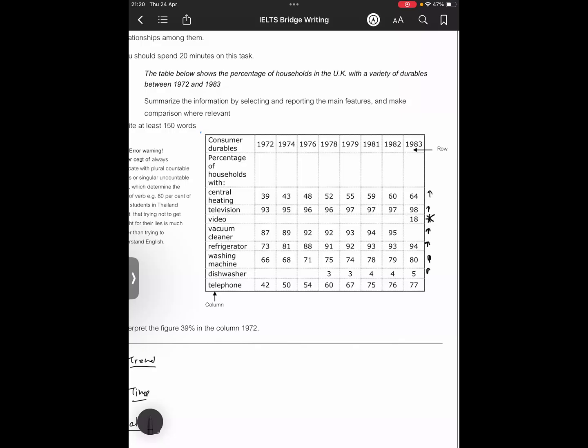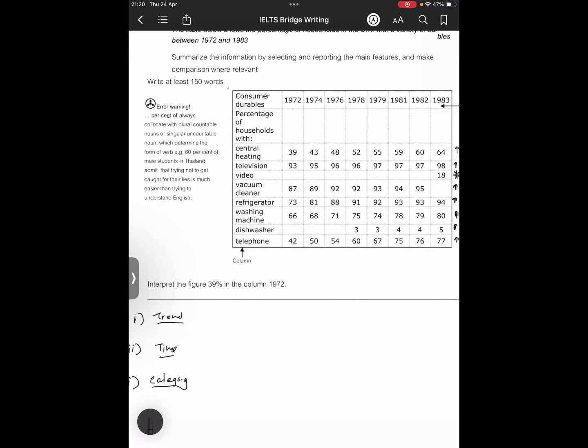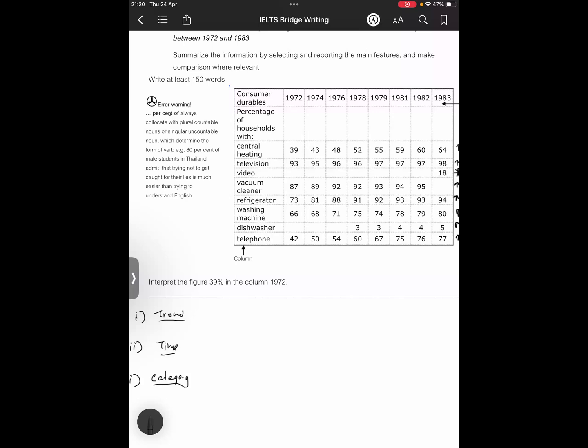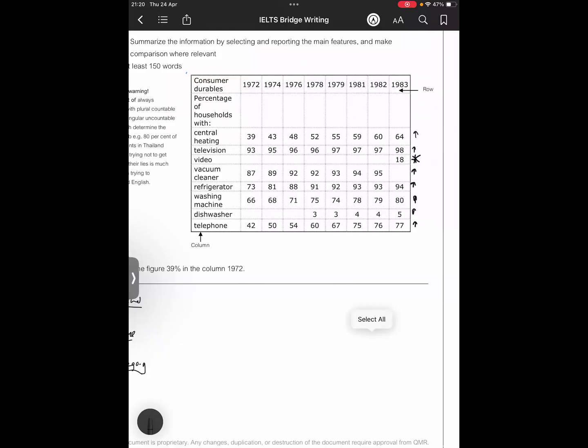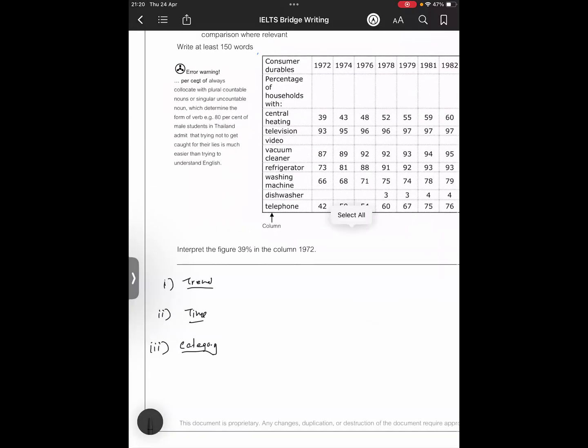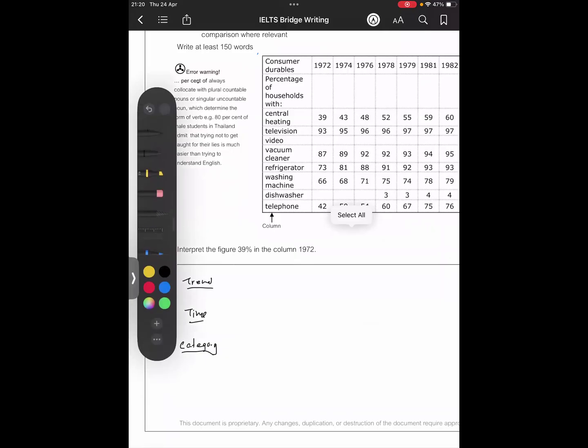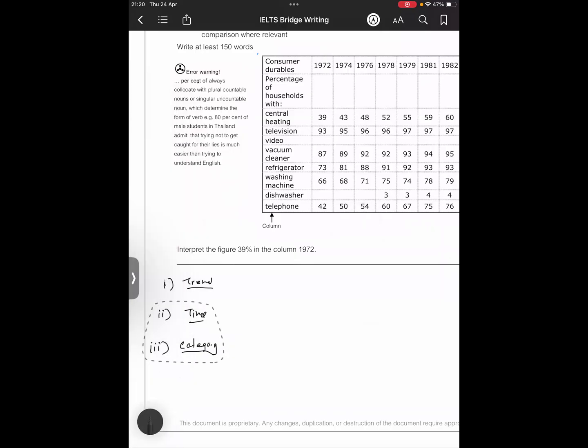Dishwasher has a positive slope, and telephone has a positive slope. So if we're using trend, we're not going to have a balanced paragraph because we only have one item that doesn't have a clear trend, whereas the rest has an uptrend. So maybe trend is not a very good idea.